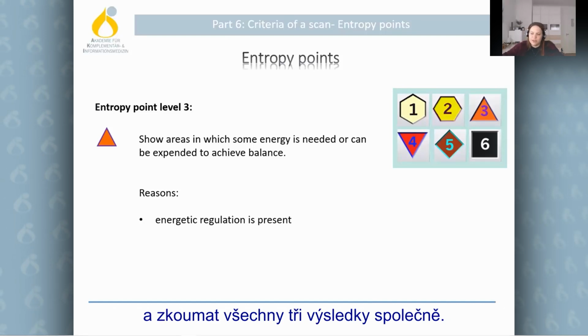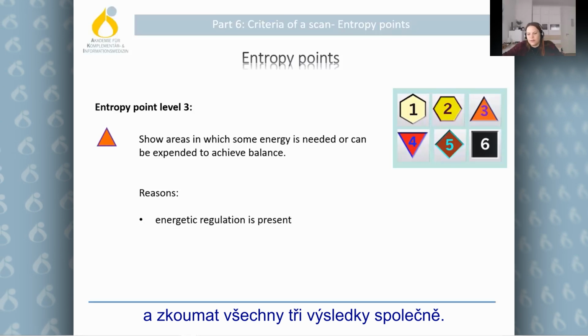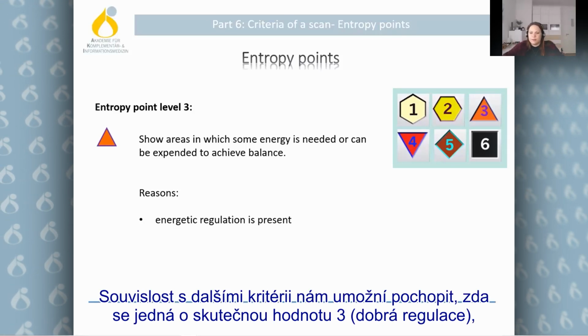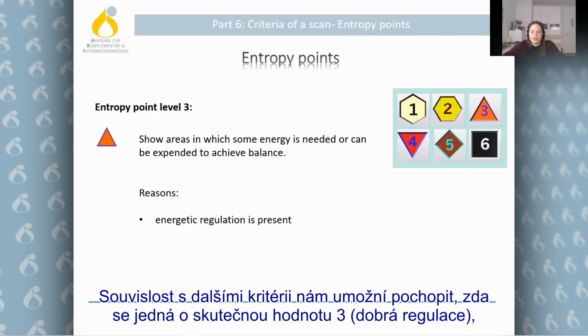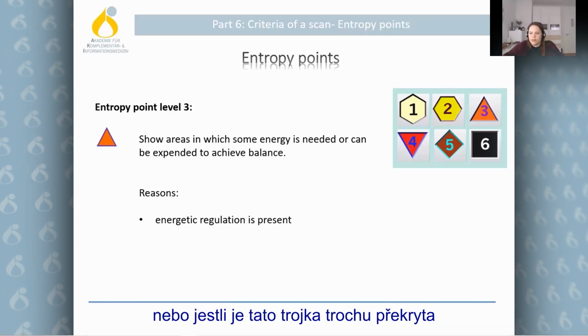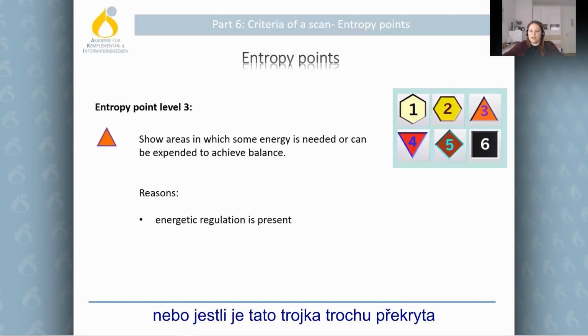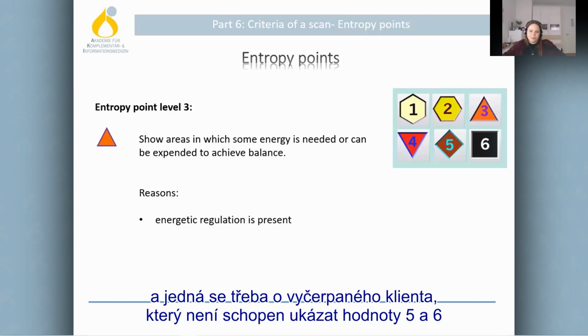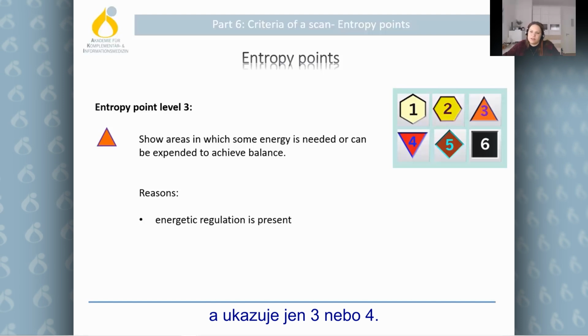So please bring all 3 criteria together to know if it's a normal 3, a good regulation, or if this 3 is a little bit covered, or that you have just an exhausted patient that is not able to show you 5 and 6, just a 3 and a 4.